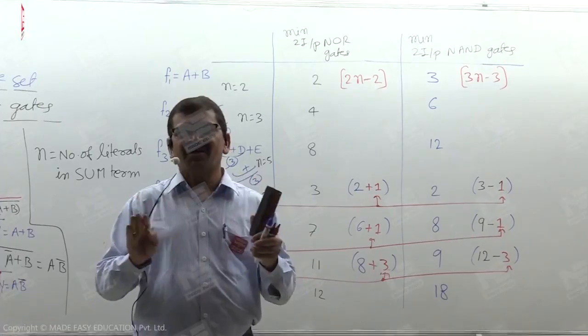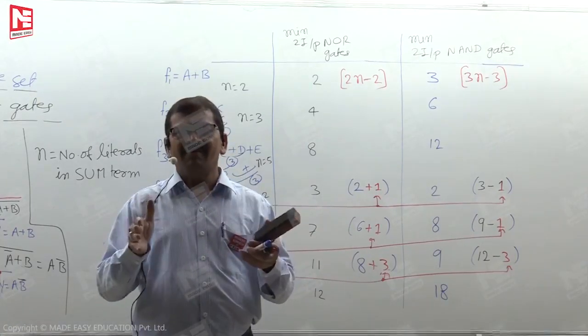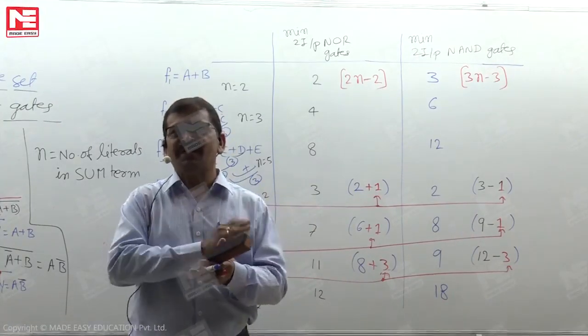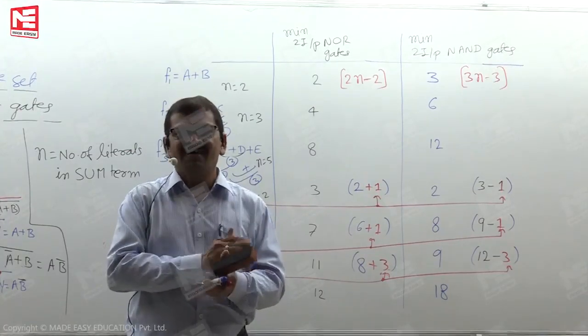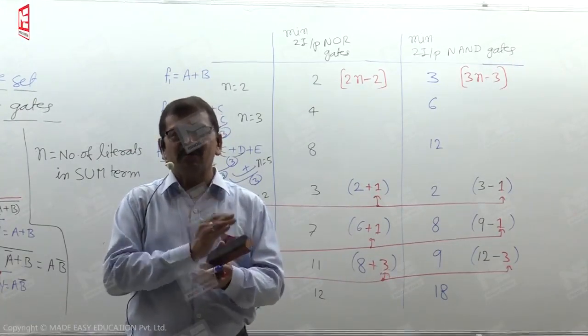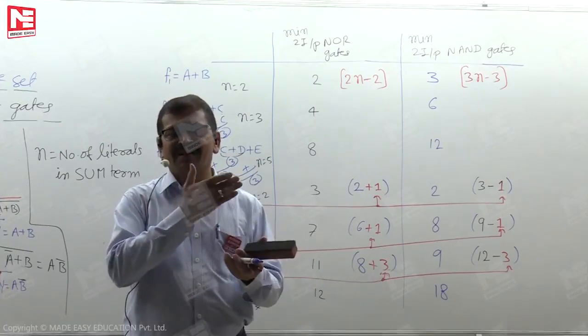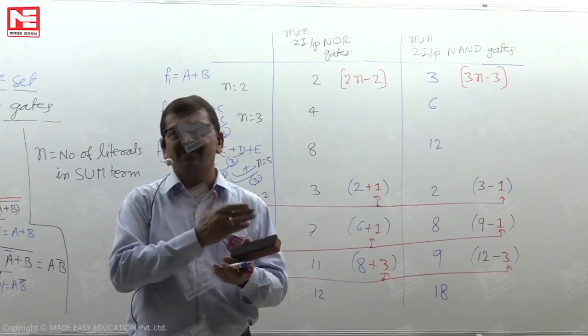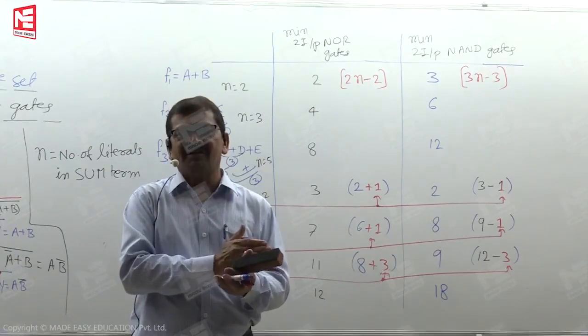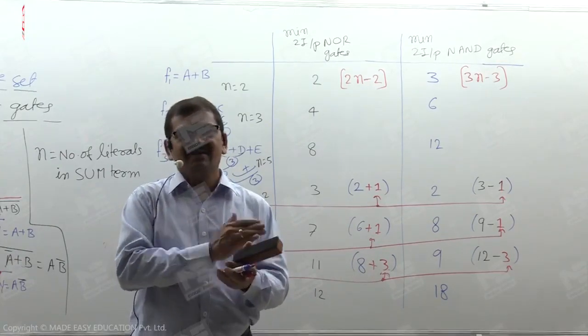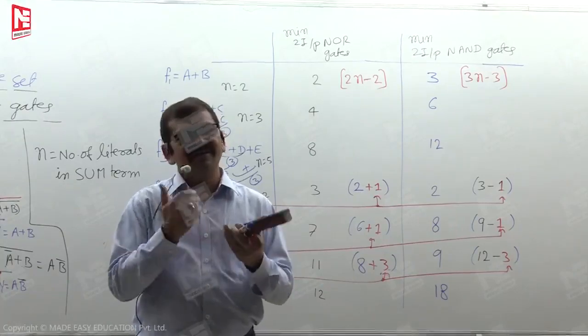When we are talking about the complements, of course, we said when it is closely related it is plus, and when it is not closely related, when it is loosely related, it is a minus. If at all k number of variables are complemented, if they are all closely related, addition. If they are not closely related, if it is loosely related, then it is a subtraction.